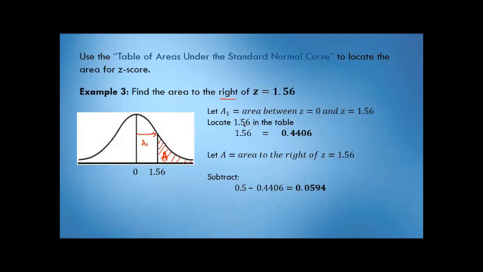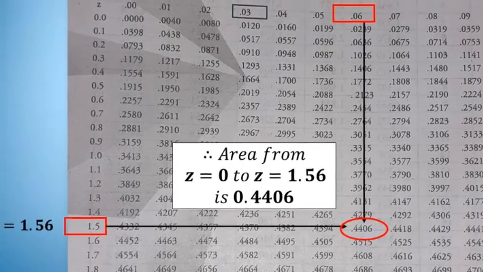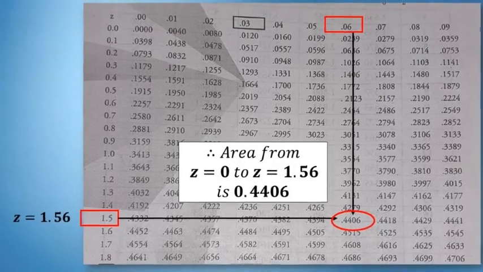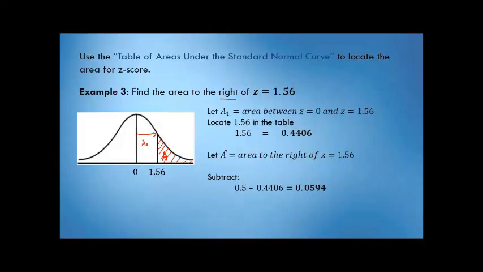Hanapin natin sa table ang area ng 1.56. Makikita natin sa table that is 0.4406. Next, ito na yung area to the right of z, which is A. Tinanote natin, yan na yung hinahanap na area.